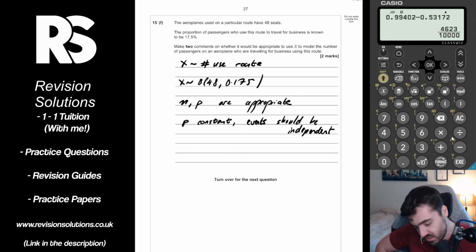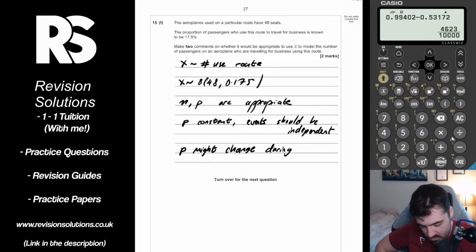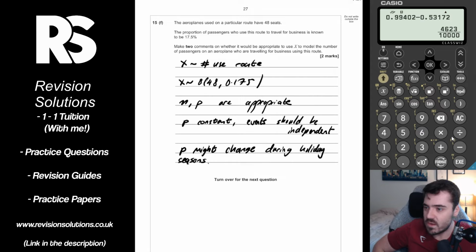It just says a comment, right? So yeah, p might change during holiday seasons. Depending on the time scale you use this for, it might not be a great model the whole time.